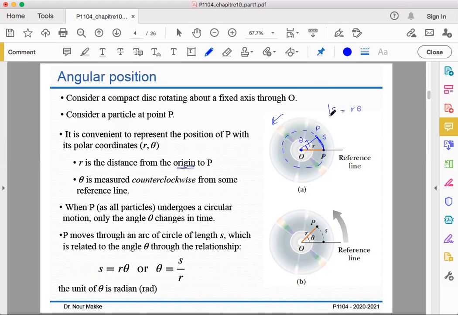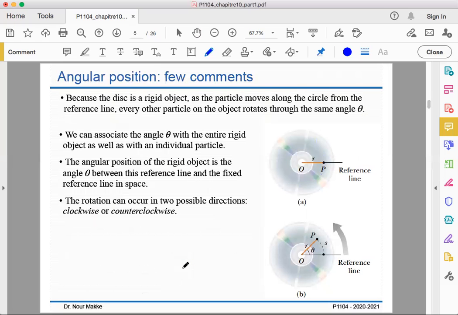So we can use this relation to relate S to theta, or also we can say that theta is equal to S divided by r, where r is the radius again. And actually, theta is expressed in units of radian. So as you can see in here, theta is equal to S over r, where the unit of theta is simply the radian.